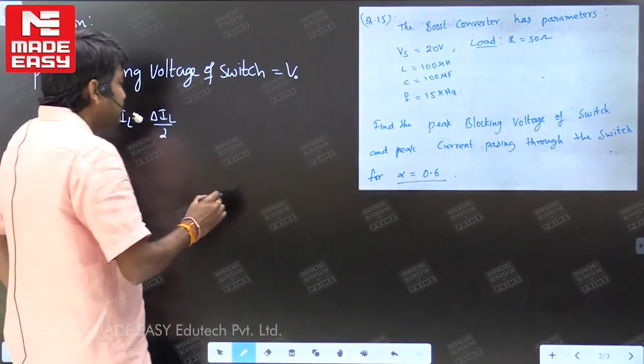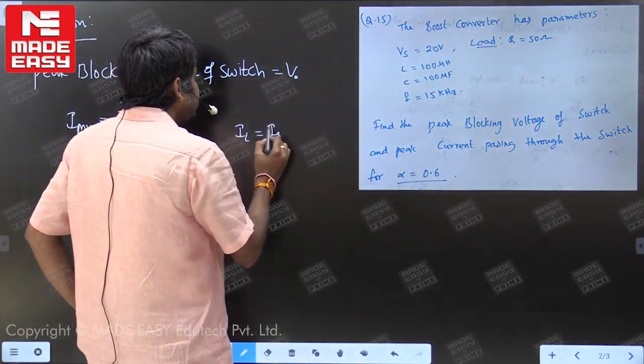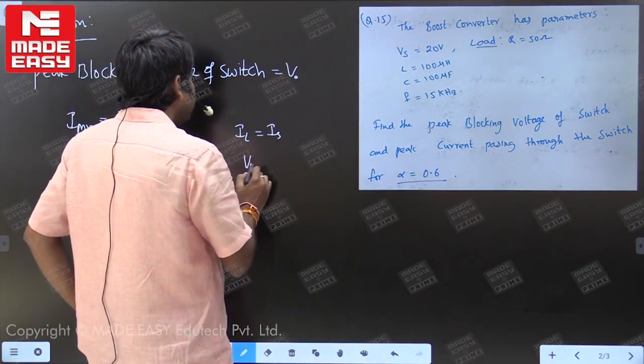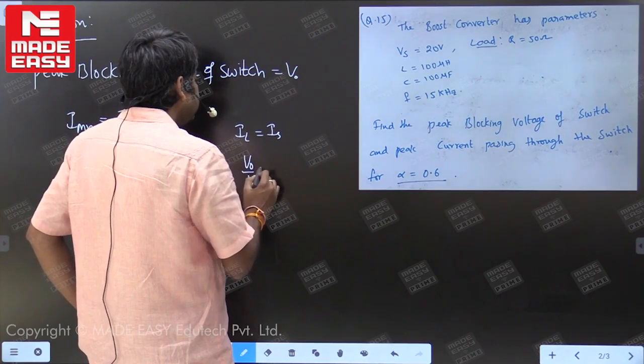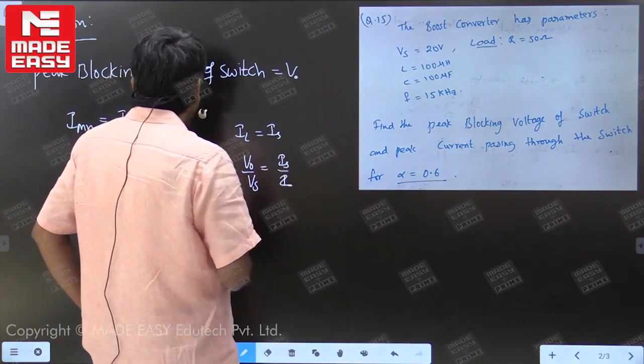What is IL average in boost converter? In boost converter, IL average is same as supply current. And what are the relations we have in boost converter? V naught by Vs is equal to Is by I naught.